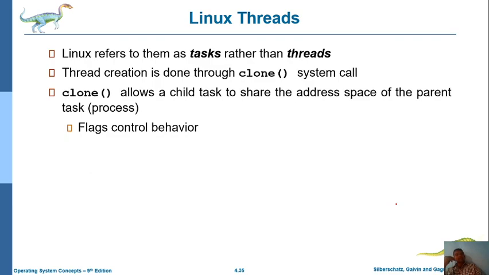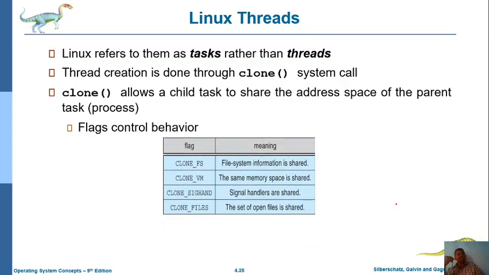While using the clone system call, you have several functionalities like flag control behavior. In the Unix environment, to implement threads we use several flags: CLONE_FS, CLONE_VM, CLONE_SIGHAND, and CLONE_FILES. CLONE_FS indicates file system, CLONE_VM indicates virtual memory management, CLONE_SIGHAND indicates signal handling, and CLONE_FILES indicates the operations belonging to the set of files.